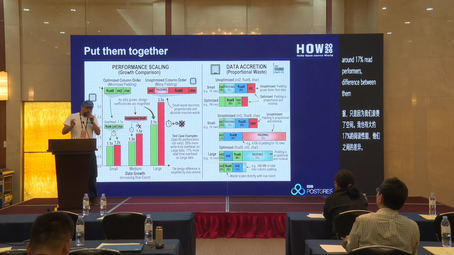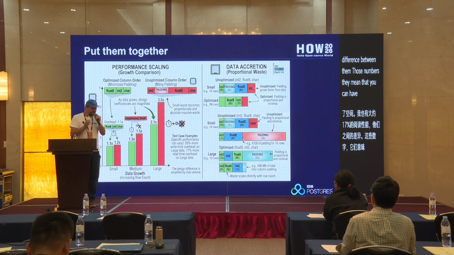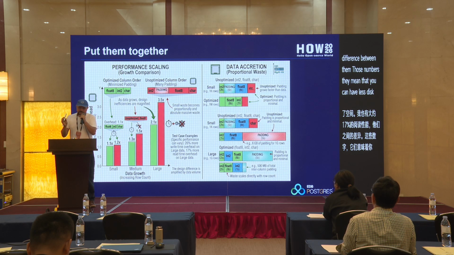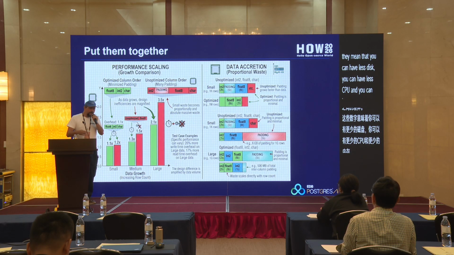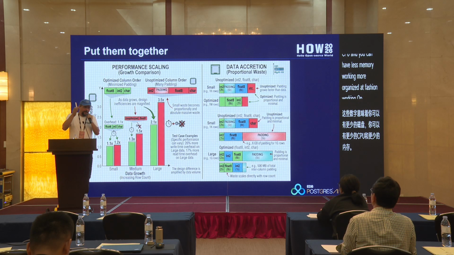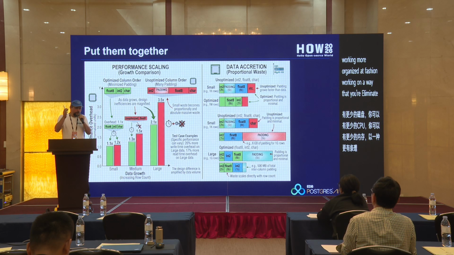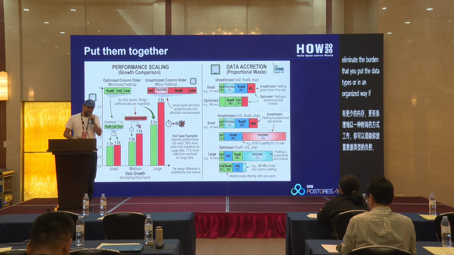So those numbers mean that you can have less disk, less CPU, and less memory. Working in a more organized fashion, eliminating the padding, and organizing the data types, will save a lot of money.